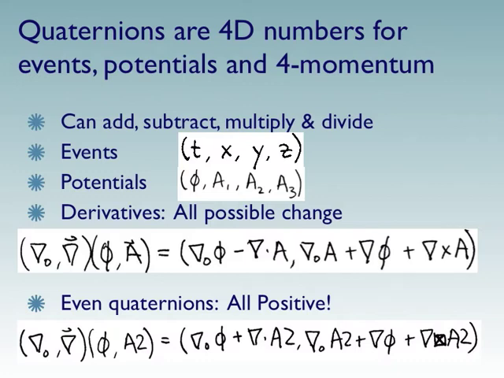Potentials also come as a scalar and three potentials that have directions. We can also take derivatives of four potentials, and this represents all possible change. So the four derivative of a four potential ends up with lots of terms. We've got the time derivative of the scalar and the time derivative of the 3-vector A. We also have div, grad, and curl.